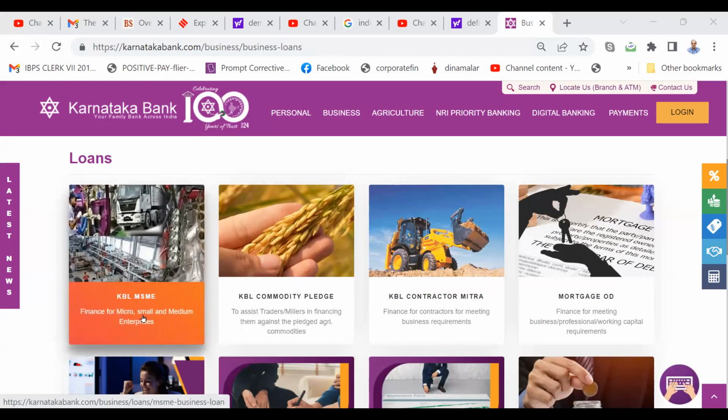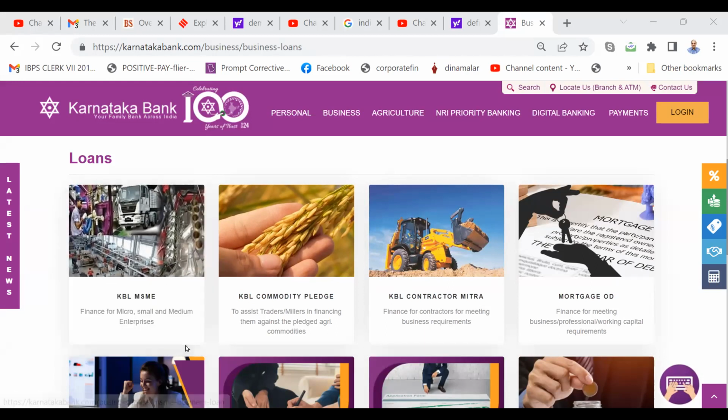There are loans for MSME, finance for micro, small and medium enterprises. Here again, you must know the definition of micro, small, medium. Many people get confused over this. Micro units are units wherein the investment in plant and machinery is less than 1 crore and turnover is less than 5 crore.